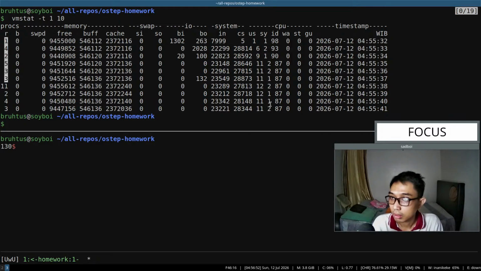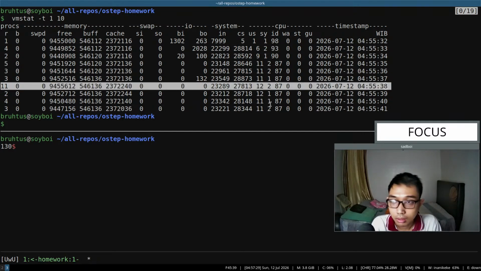Alright. I assume this one is after we run the script or the program, I guess, the simulation. Okay, interesting. So it increases and then decreases and then increases, something like this.